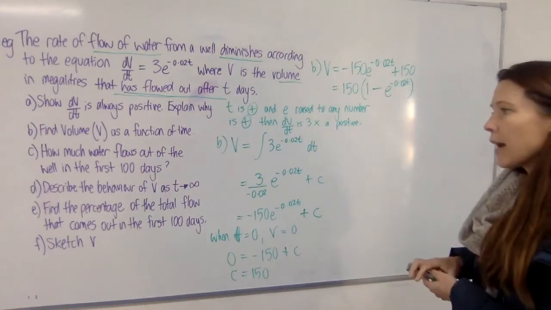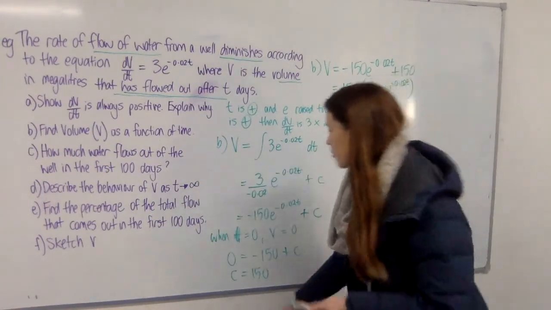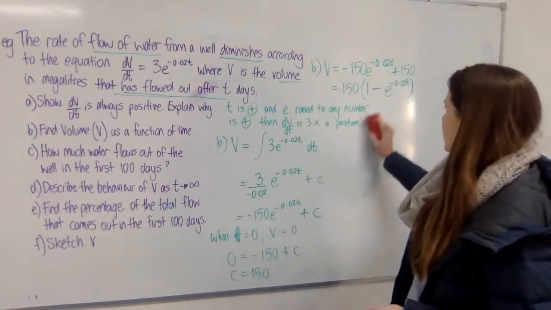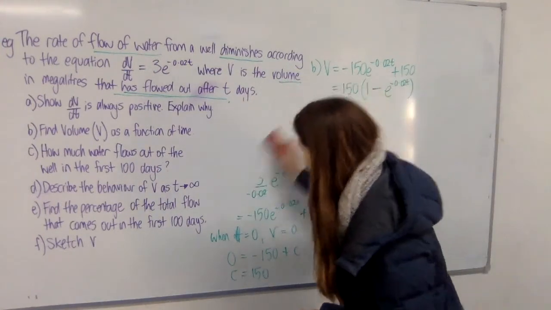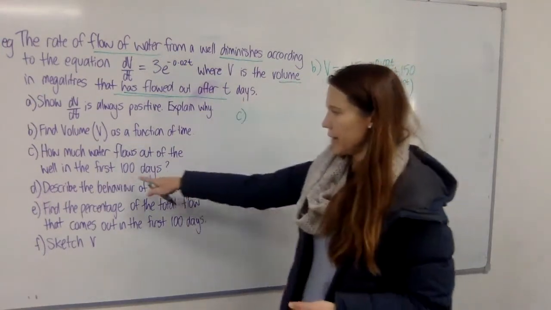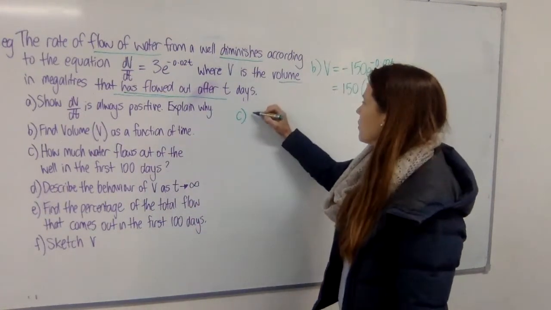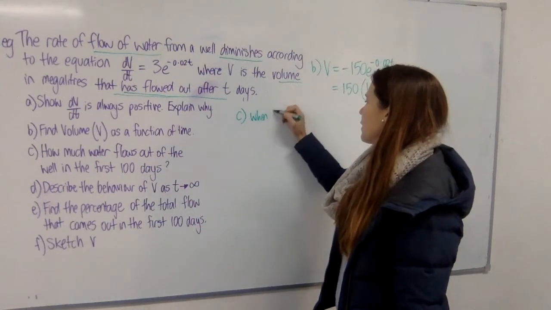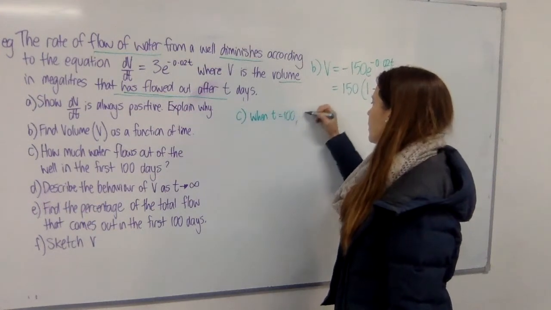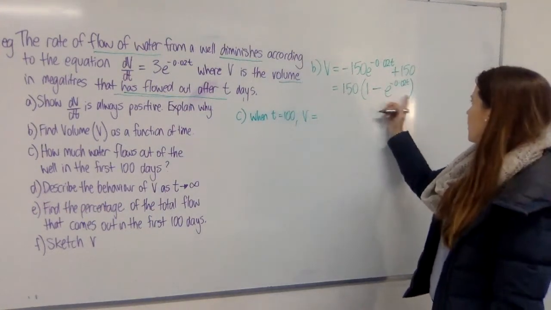All right, how much water flows out of the well in the first 100 days? Now I'm going to get rid of all of this so that I've got a bit more room for my working. Well, for this I need to let t equal 100 and then find what V is. So when t equals 100, V equals, now I can use either version of this.